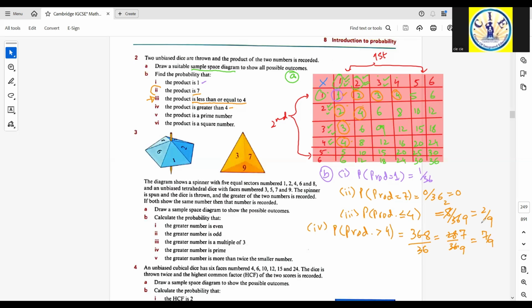Okay, then part 5. The product is a prime number. Prime: 1, 2, 3, 4, then 5, then 6.